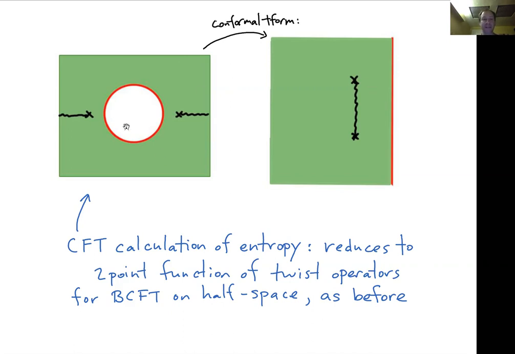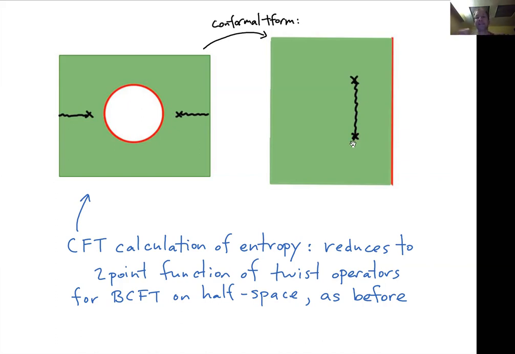Here we have a path integral setting up the thermal field double of two boundary CFTs, and this is the region that we're calculating the entanglement entropy of. By a conformal transformation, I can map the circle to a line, and the entanglement entropy calculation gets mapped to the calculation of twist operators in these locations.